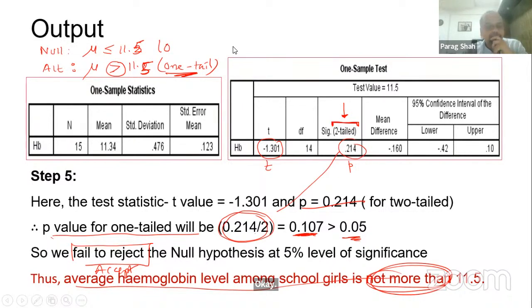Any doubt now? But I want you to practice this. Unless and until you have hands-on, you will not be able to understand the concept. So do it hands-on. I'll be expecting you to do it tomorrow, before my session, so that you get an idea about how hypothesis testing is done using SPSS.